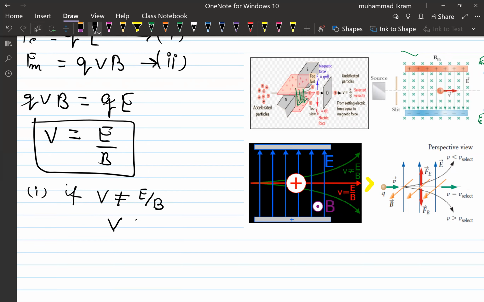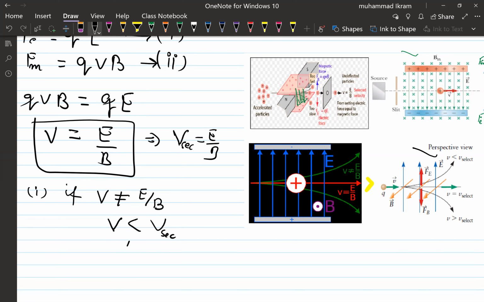If it is less than the selector velocity E by B, then the charged particle will be deflected upward, that is towards this E, as you see. It will be deflected in the upward direction like this one, along E, remember.